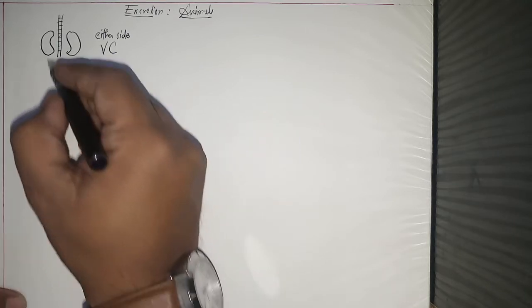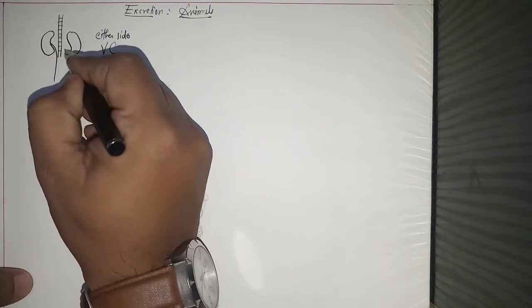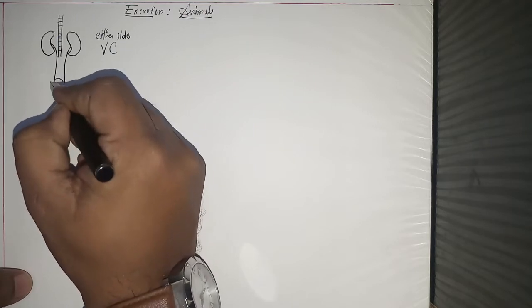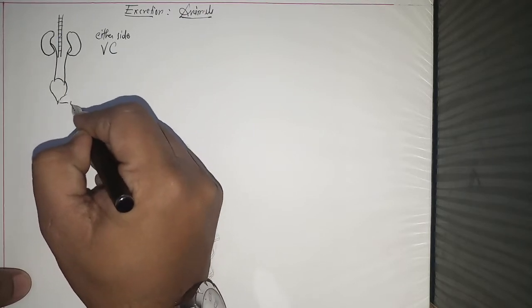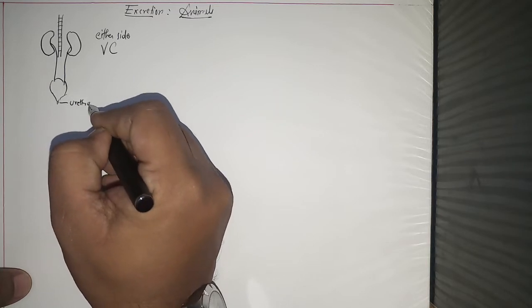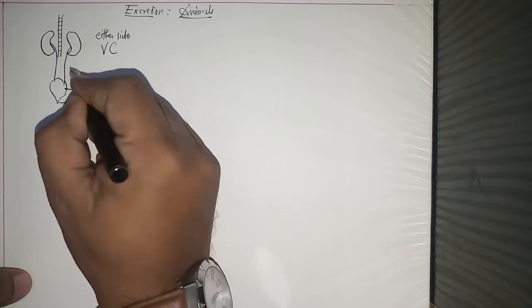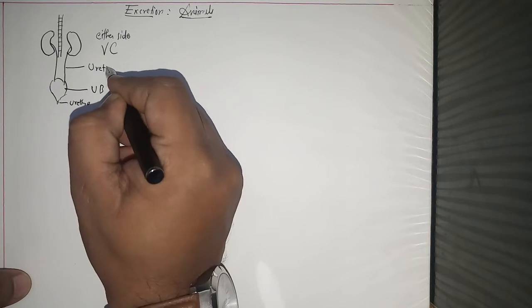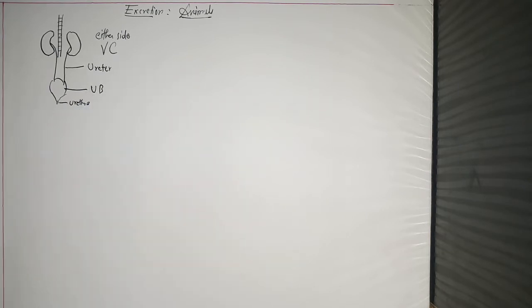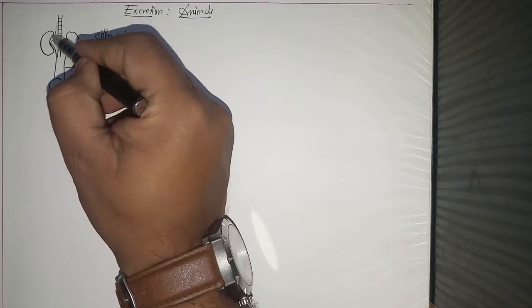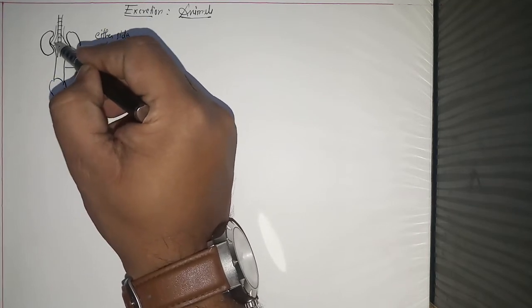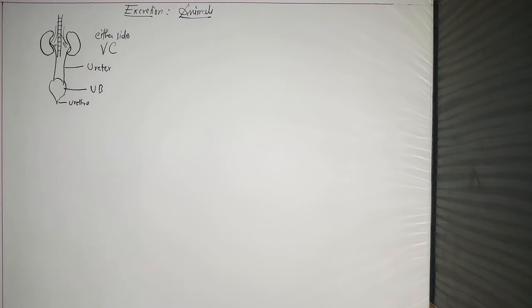Then there are ureters, a urinary bladder, urethra. Then there are renal arteries and renal veins. Refer to the diagram in your textbook.